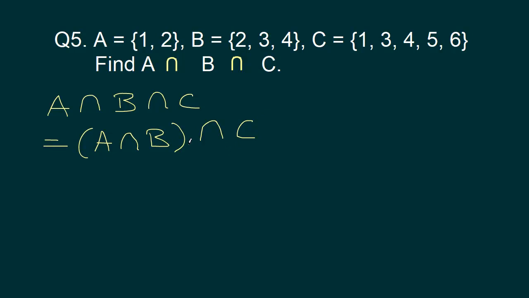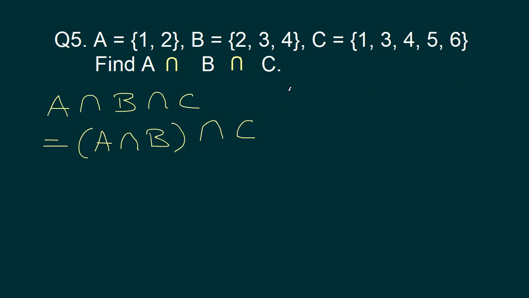So now let's find out A intersection B. And at this point you should also remember the various properties of union of sets and intersection of sets. I'm going to provide those two video links in the top right side corner of this video as well for you to quickly review them.